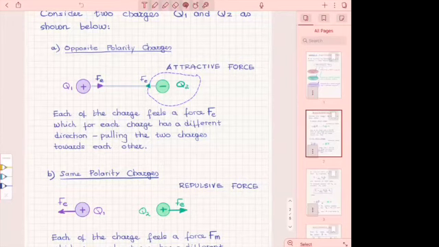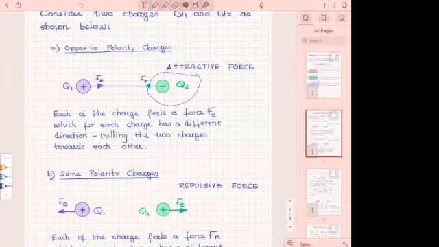Now, this force will always exist, even if it's so weak that we cannot measure it. But it exists. It's not that it only applies over a particular range. It applies from when the two charges are very, very close to each other until the distance is almost infinite. Of course, when the charges move away, as you will see later, the electric force goes down so fast that practically you don't see it.